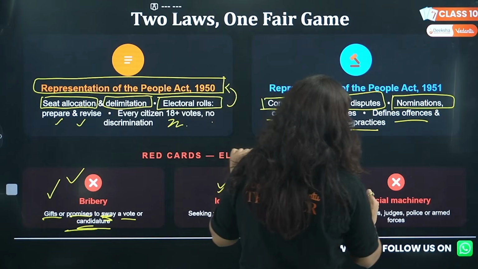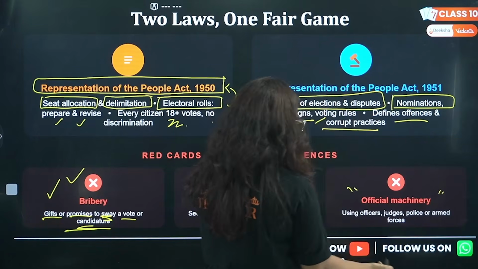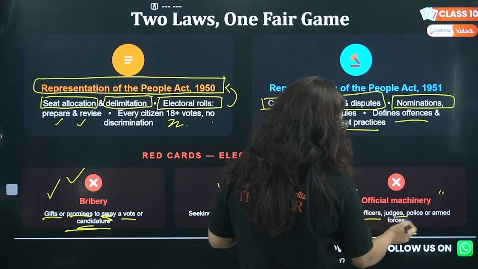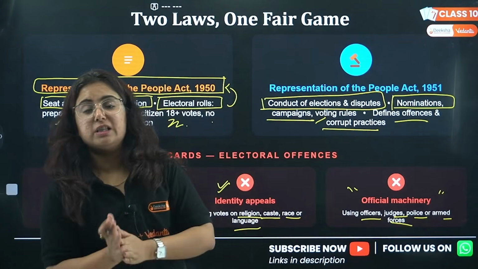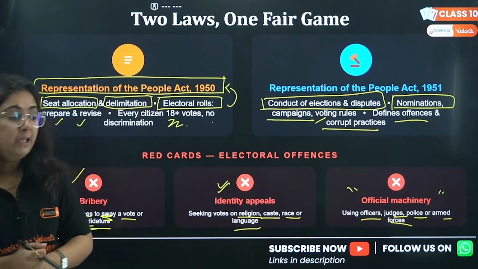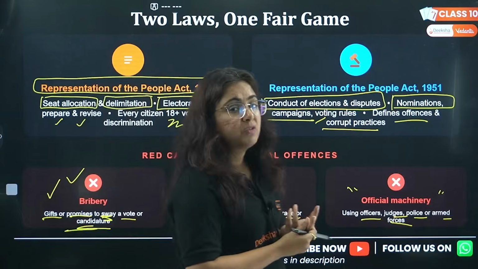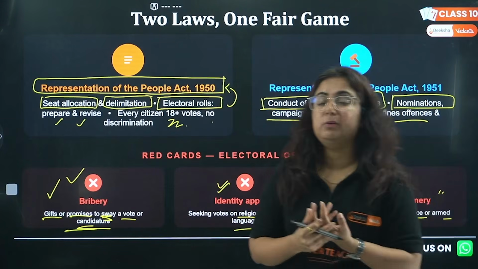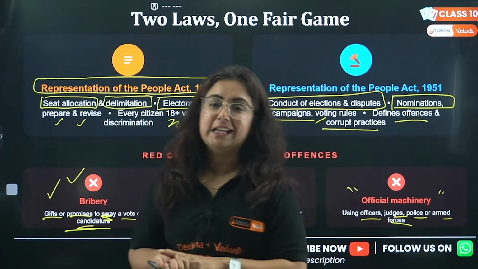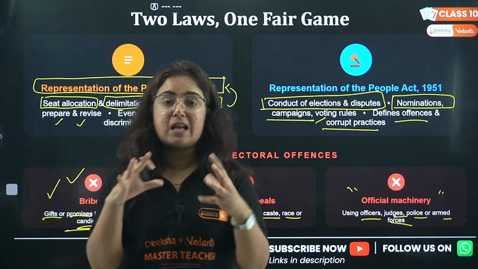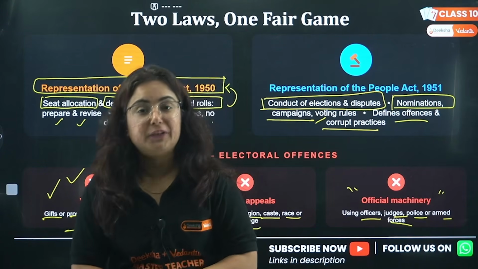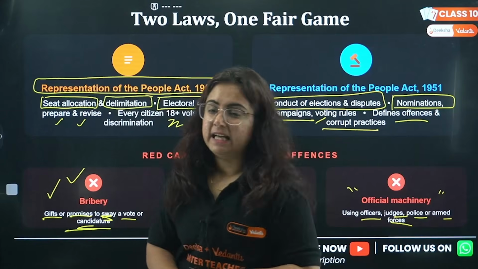Similarly, official machinery is given here regarding officers, judges, policemen and armed forces to be not engaged in the election processes, right? And if they are somewhere made officers, they will have no relation with the political parties. Getting my point? So these are the two laws made to conduct free and fair elections in India.